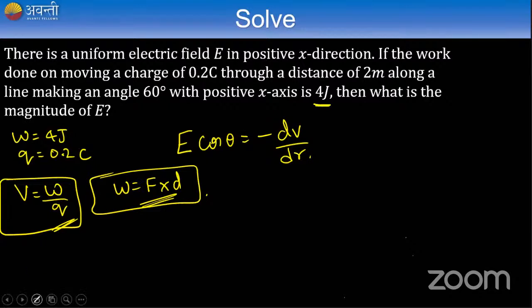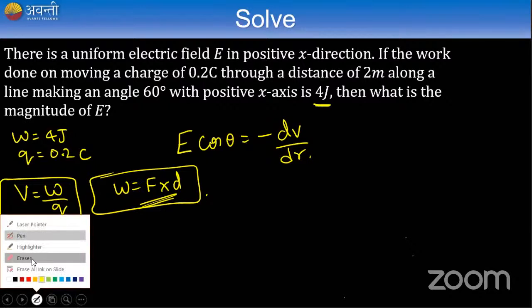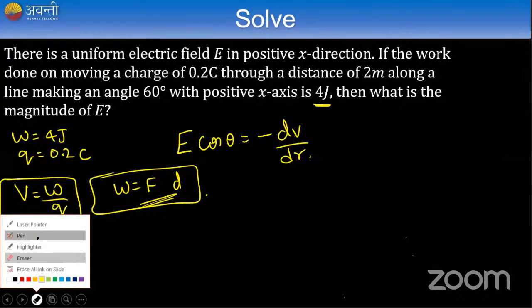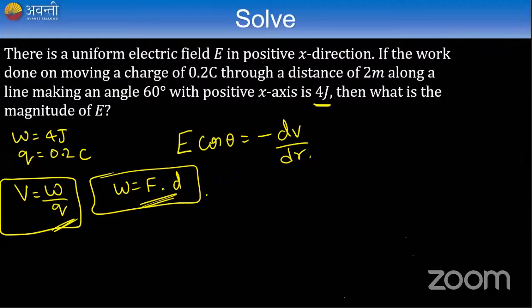This should be a dot product. I can't write cross product everywhere. It's a dot product. Try to solve this, guys. Then my W can be written as W is equal to integral F dot ds. So try to solve this.